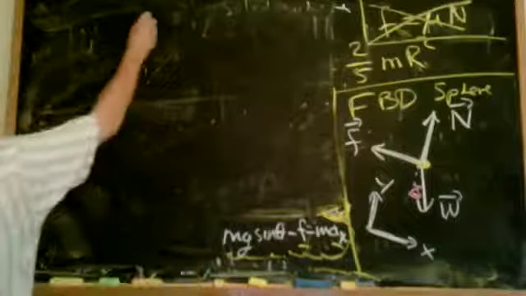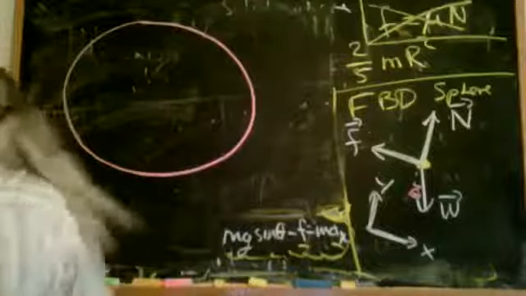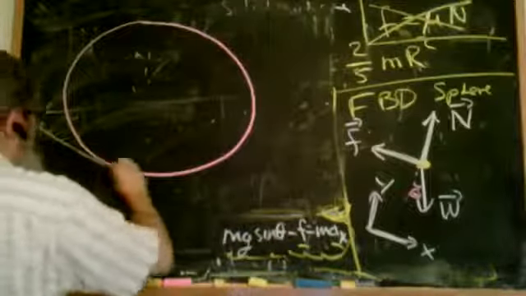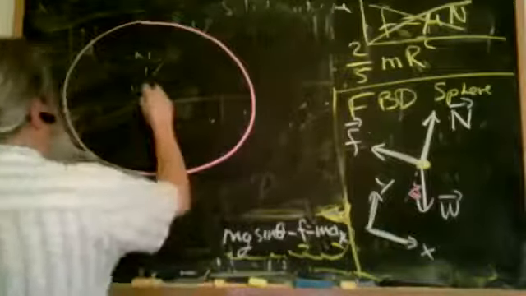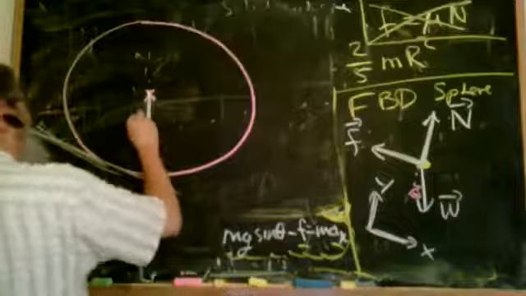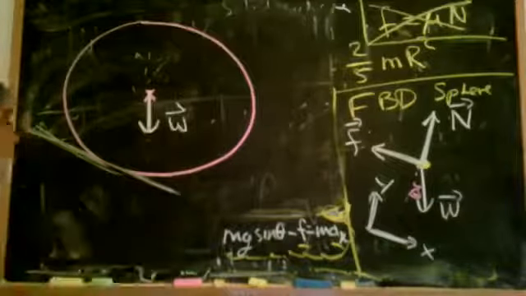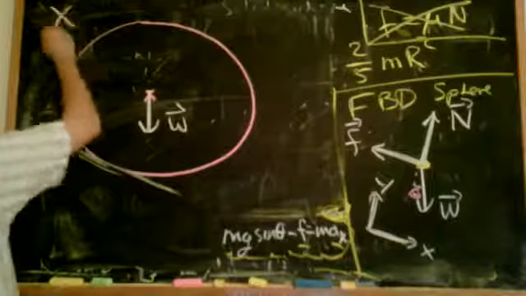Just going to draw it bigger. Like that. That's the ramp. That's my center of mass. That's my weight. Okay? Extended free body diagram.